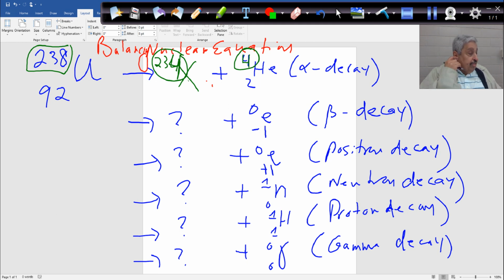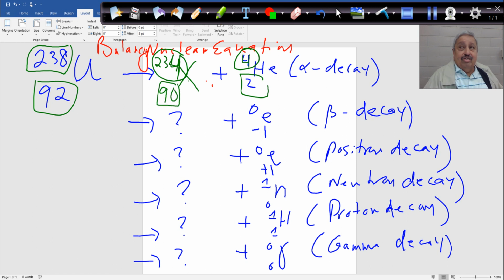So the atomic mass of this unknown new element is 234. How about the atomic number of it? I have 92 at the left, and 2 here, so how much will it be? 90, correct?